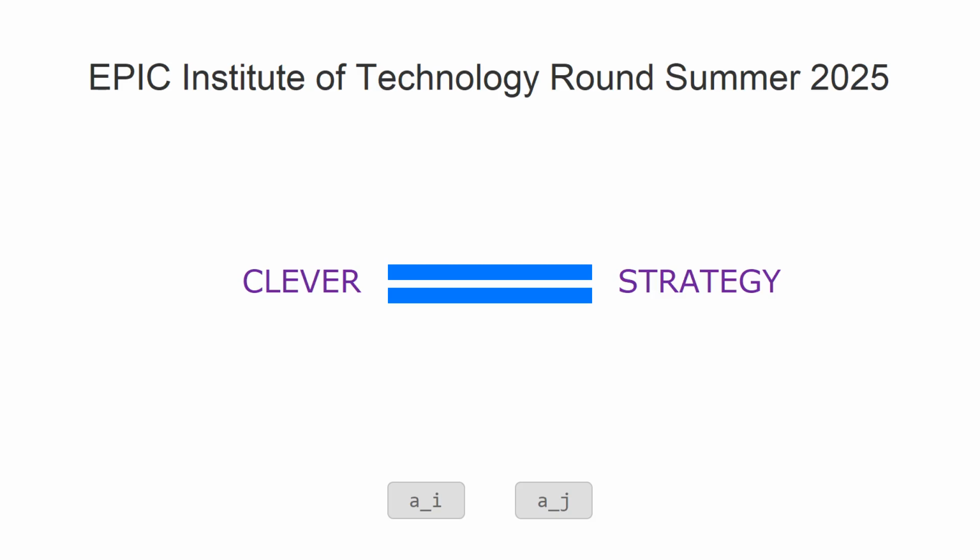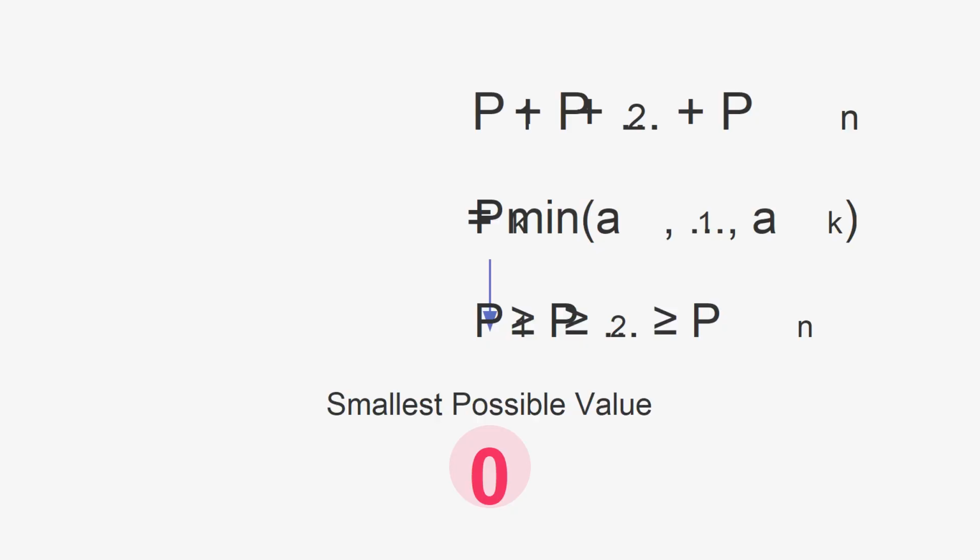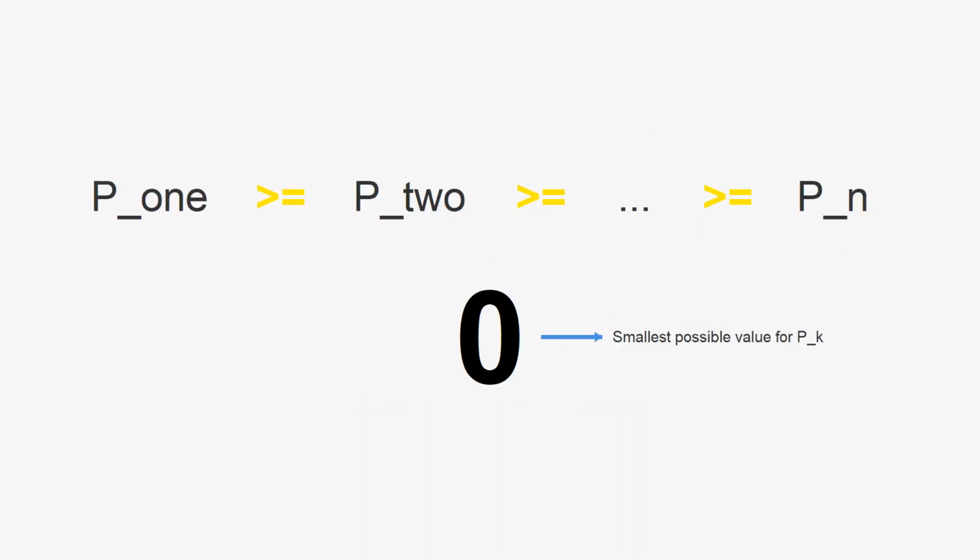Let us think about how the operation affects the array and the prefix minimums. Our objective is to minimize P1 plus P2 plus dot dot dot plus Pn, where Pk equals min of a1 comma dot dot dot comma ak. Remember that prefix minimums are non-increasing: P1 is greater than or equal to P2, greater than or equal to dot dot dot, greater than or equal to Pn.